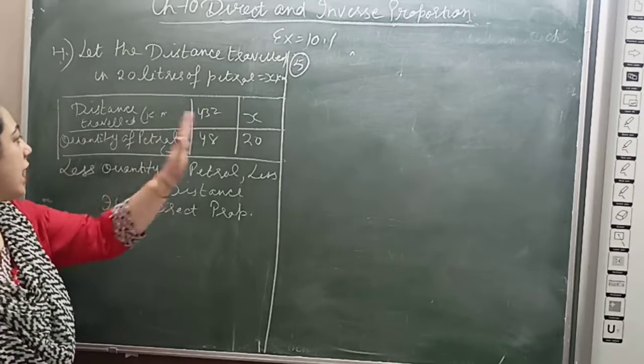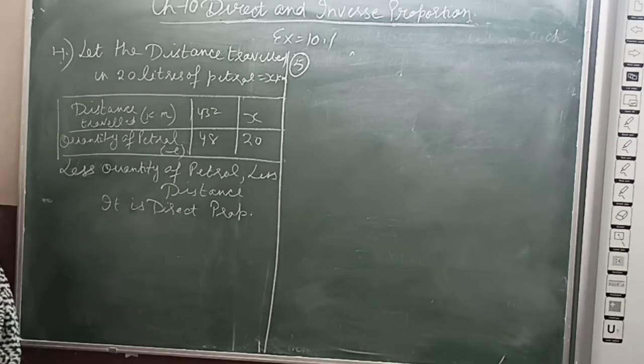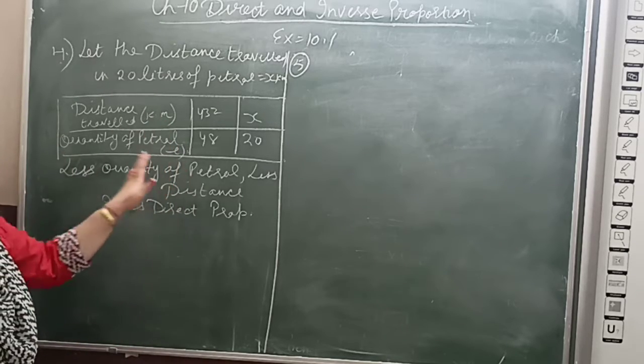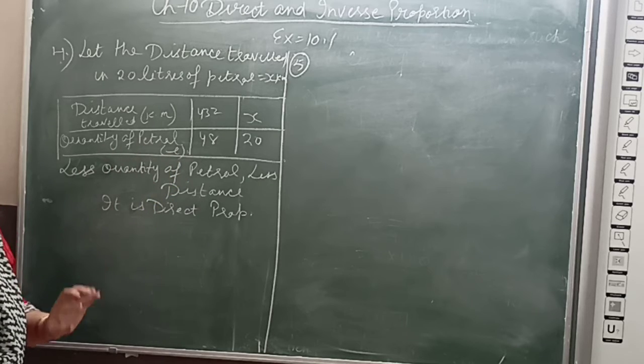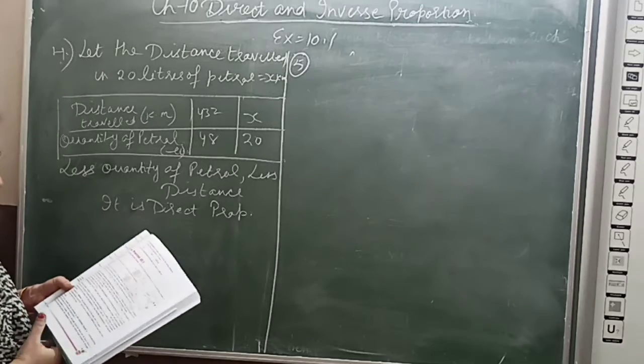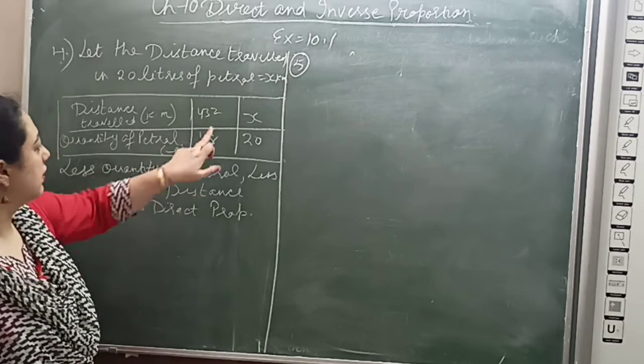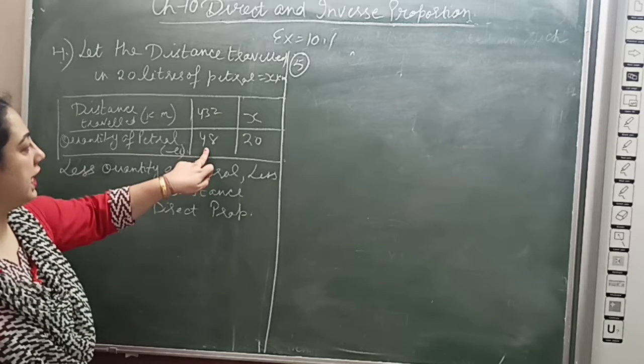In the first row, I write down the distance traveled, in kilometers. In the second row, I write down the quantity of petrol, which you everybody know is in liters. Now, according to the statement, when the car covers 432 km, then it requires 48 liters of petrol.